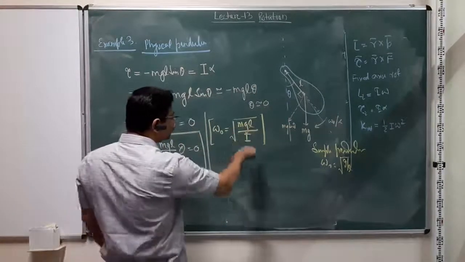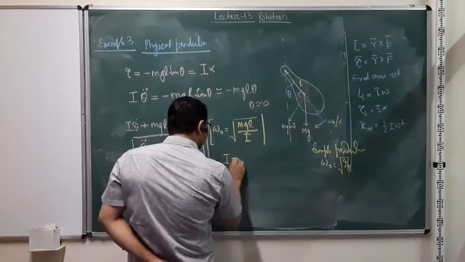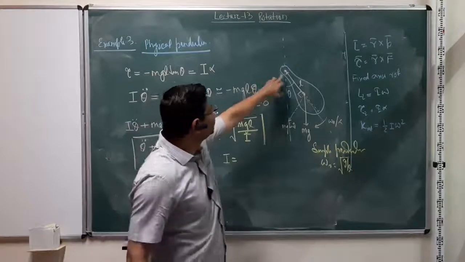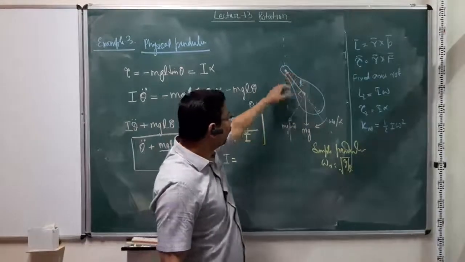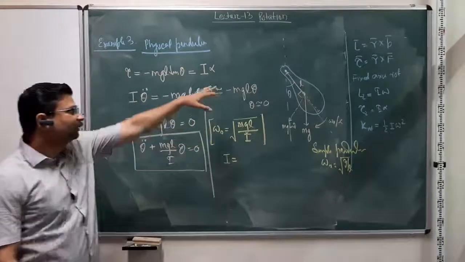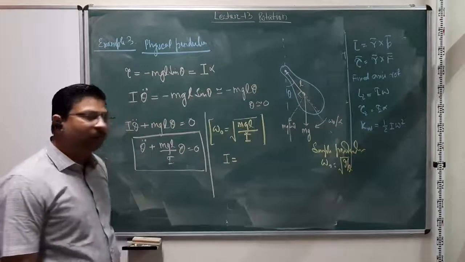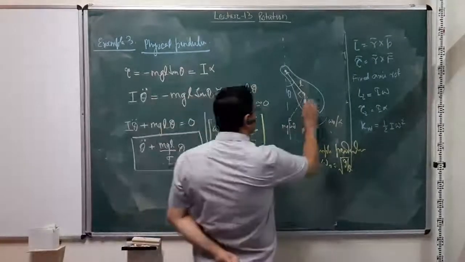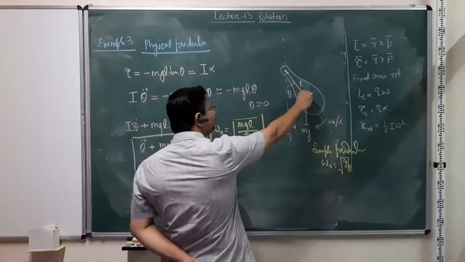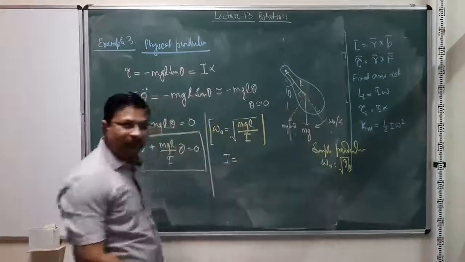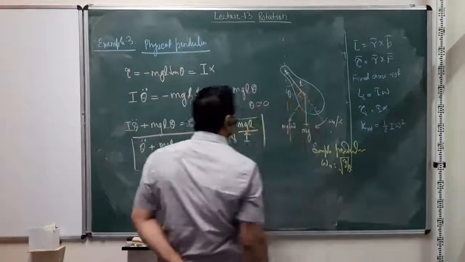And now what we can do is write it down in a slightly different form. First of all, this moment of inertia is about this point, right? However, for an arbitrary shaped body, it may not be possible to calculate, or we may not really know the moment of inertia about that point. However, we can use the parallel axis theorem to write this moment of inertia in terms of the moment of inertia about the center of mass, which will normally be known for different bodies, and the distance between these two axes.